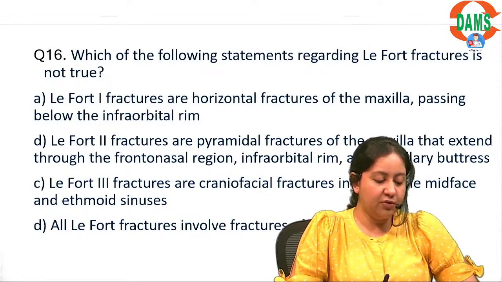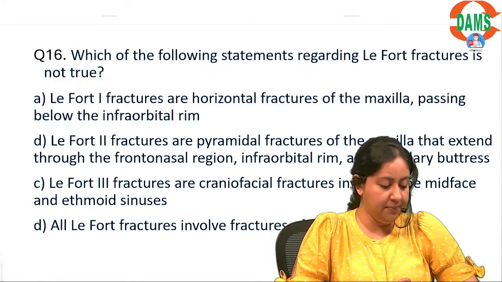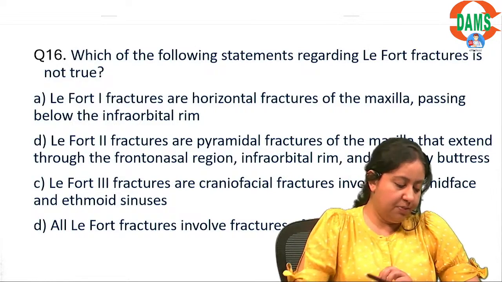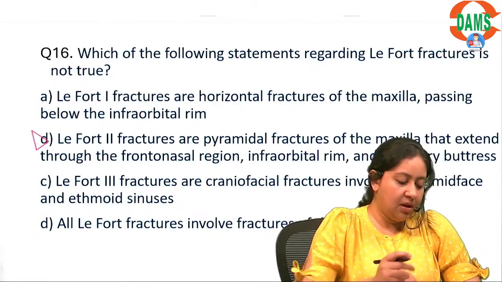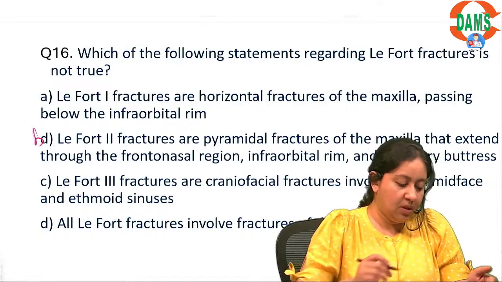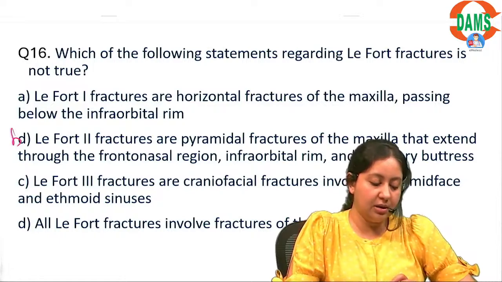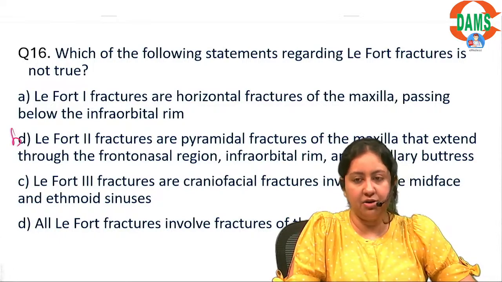Question 16. Which of the following statements regarding Le Fort fractures is not true? Option A. Le Fort 1 fractures are horizontal fractures of the maxilla passing below the infraorbital rim. Option B. Le Fort 2 fractures are pyramidal fractures of the maxilla that extend through the frontonasal region, infraorbital rim and maxillary buttress.